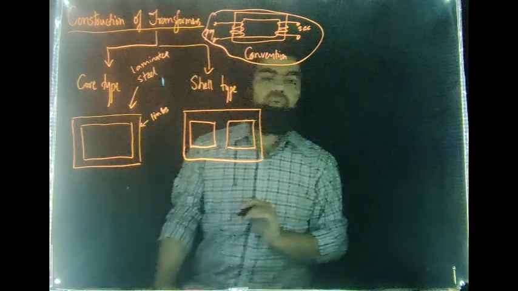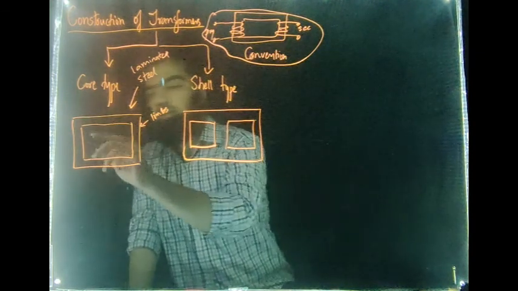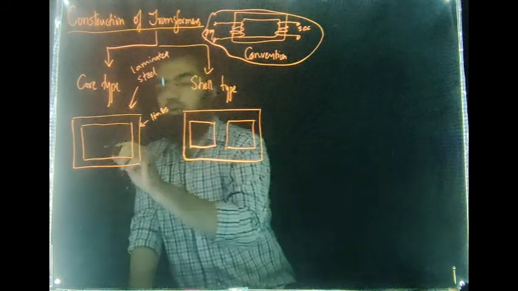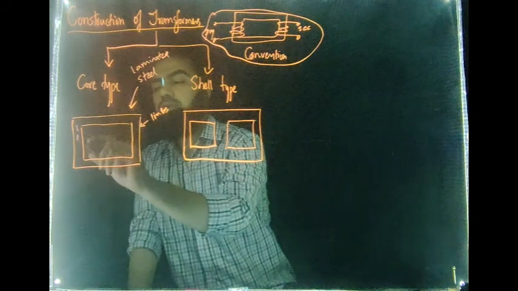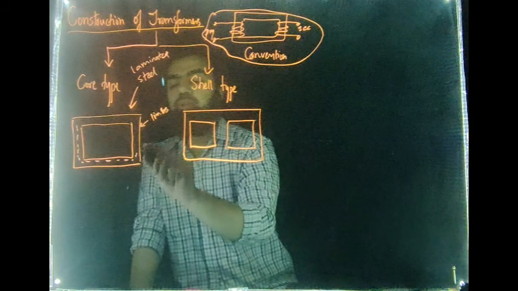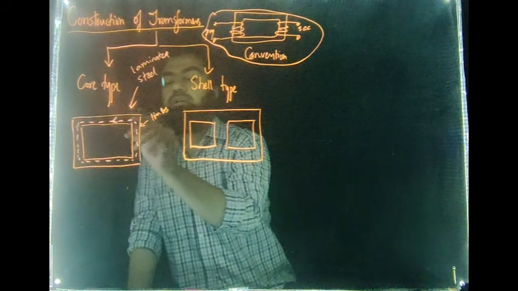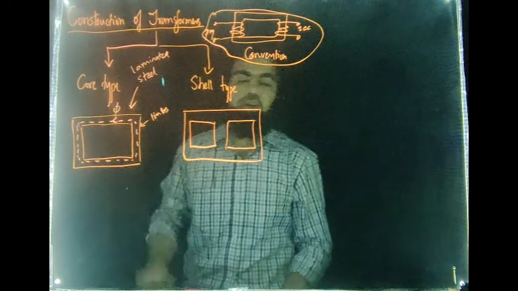Windings, in the case of a core type transformer, are done in this manner. First of all, I would also like to highlight the dimensions of this transformer. In a core type transformer, all of the flux will be concentrated in the legs, the limbs of the transformer.